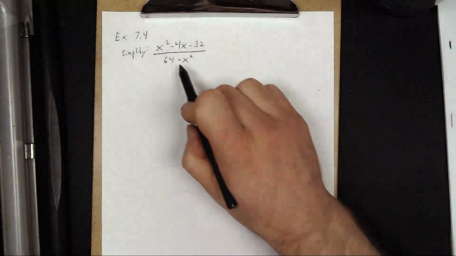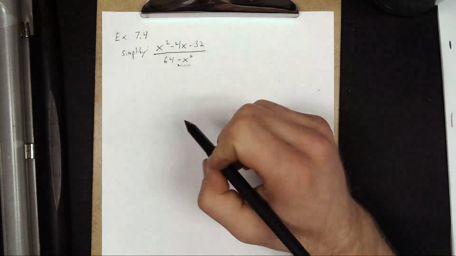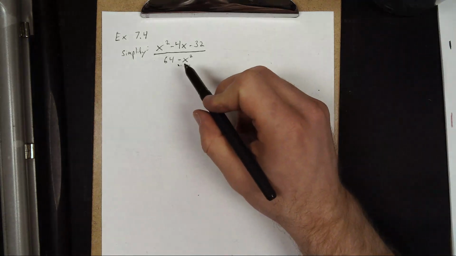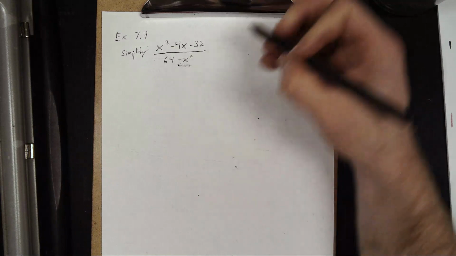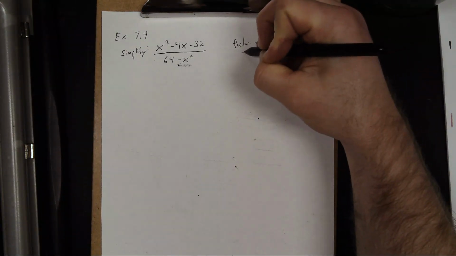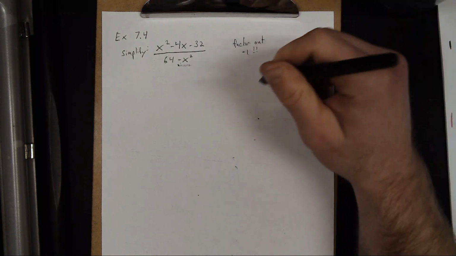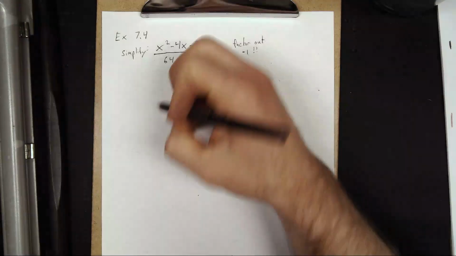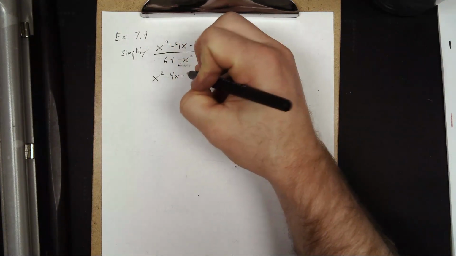Okay, so you might have noticed we have our x squared and it's a negative. We actually don't like that. I don't like x squared being a negative. So we're going to factor out a negative 1. So when we factor the negative 1 out of the bottom, the top stays the same.